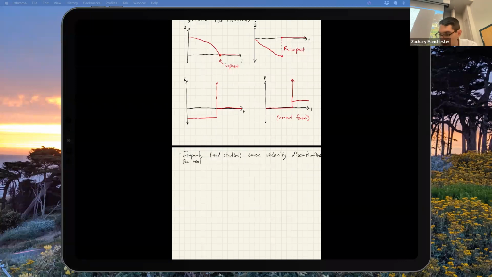For real rigid bodies, for ideal rigid bodies, this leads to infinite forces and accelerations.